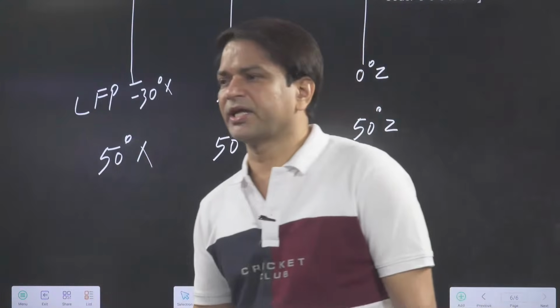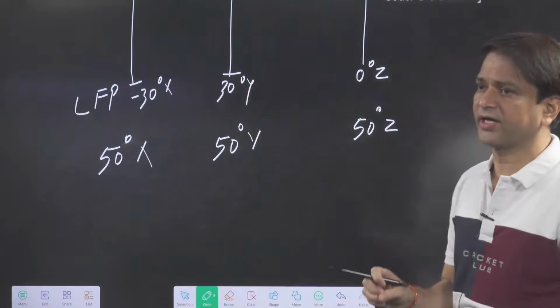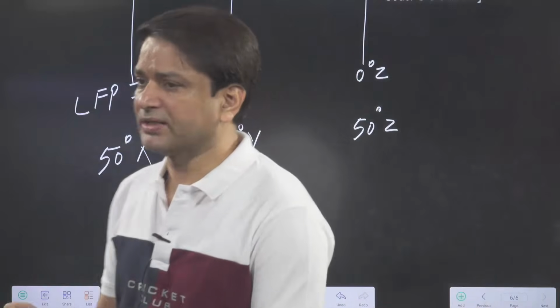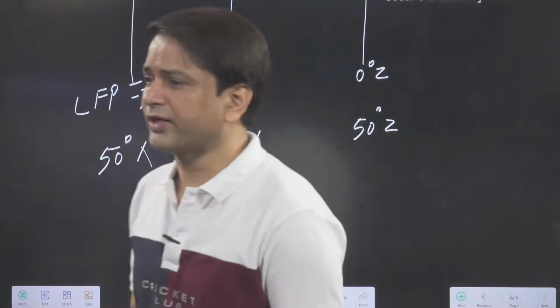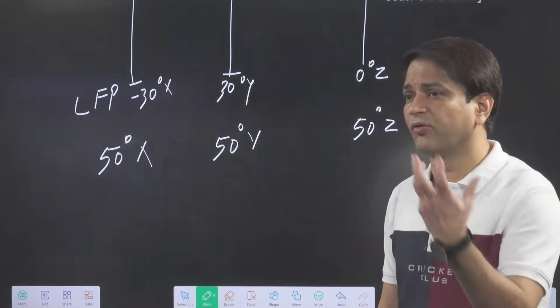Thermometer X is showing 50 degree X, thermometer Y is showing 50 degree Y, and thermometer Z is showing 50 degree Z. Now I am asking, what is the order of the temperature of thermometers X, Y, and Z?